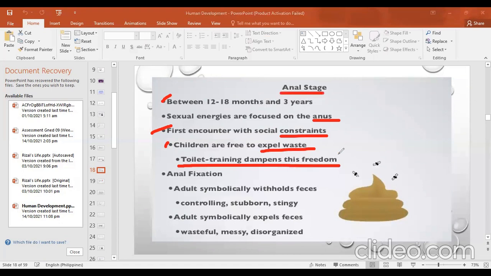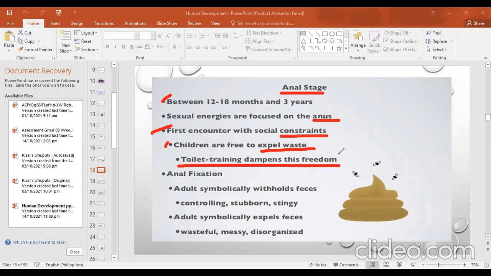Kumbaga, hayaan natin yung bata na gumawa para sa sarili niya. Huwag natin siyang pakialamanan, huwag natin siyang pigilan. Pero andun pa rin yung supervision mo kung paano yung dapat gawin. Pero dapat nagkakaroon na siya ng sense of independence when it comes to toilet training.